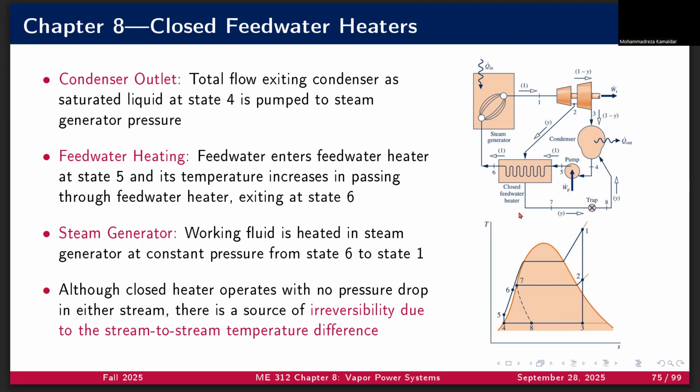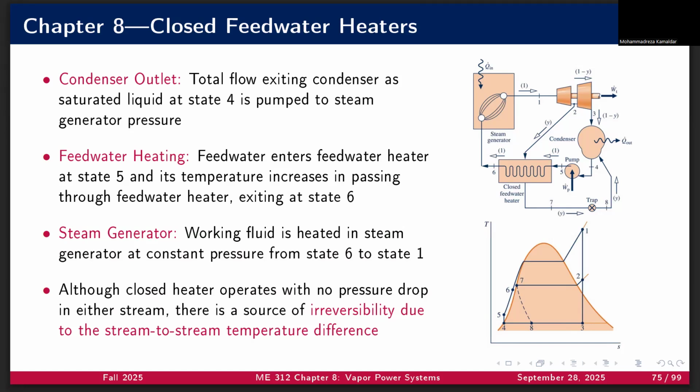So this is the first stream, which contains steam, and this is the second stream or the main stream, which contains liquid water. So there is a temperature difference between this stream and the other stream. So we call this a stream to a stream temperature difference. And this is a source of irreversibility.